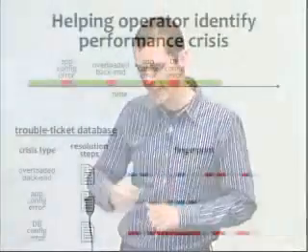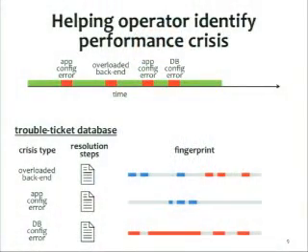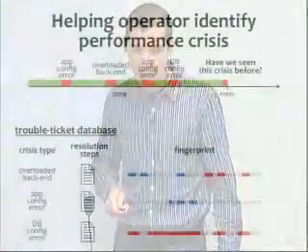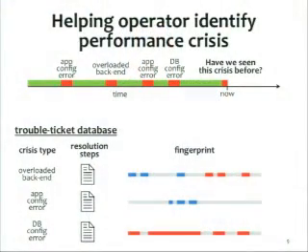What we're going to add is a fingerprint. For every type of problem, we'll add a vector describing that problem that we can automatically compare. And when a new problem happens, what we'd like to answer is: is this crisis that's happening right now a crisis we've seen before? And if it is, we'd like to know which one it is. And if it's not, we'd like to tell the operator that this is a new type of problem.